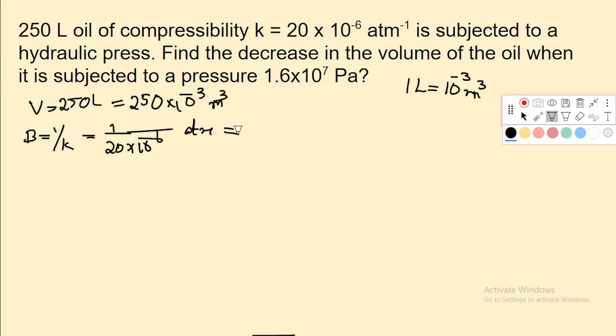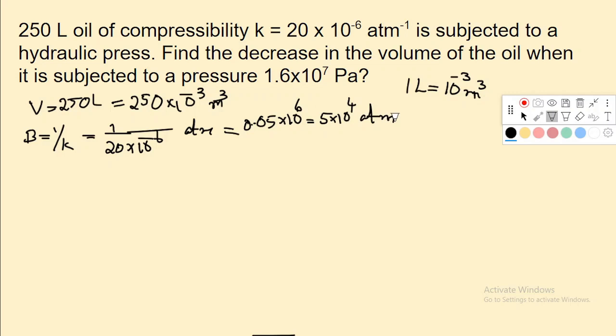what is the value of 1 by 20? 1 by 20 is equal to 0.05 into 10 raised to plus 6, that is equal to 5 into 10 raised to 4 atmospheric pressure.